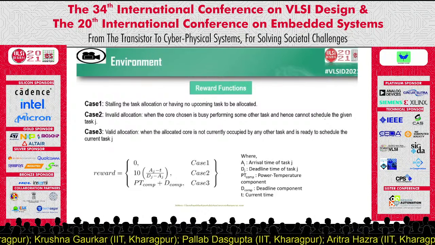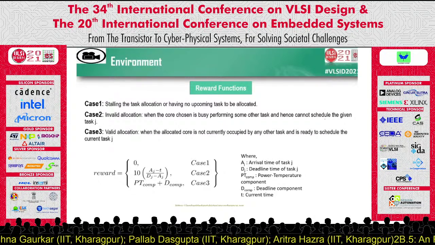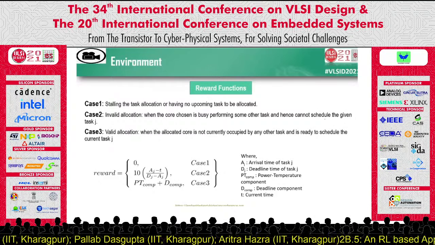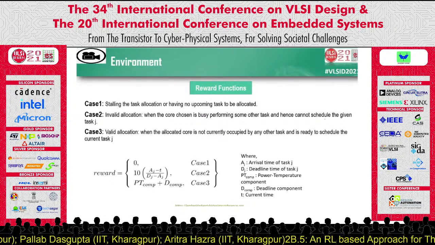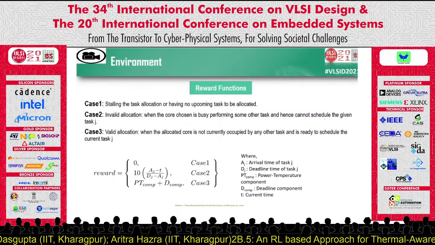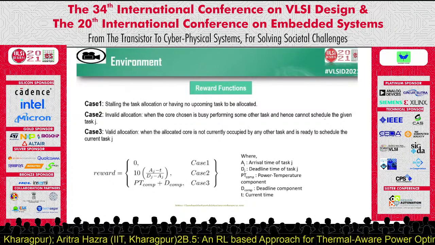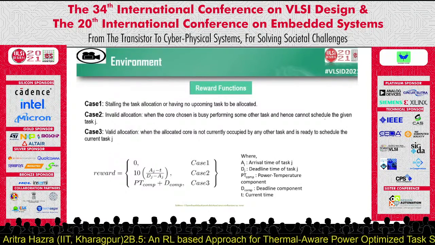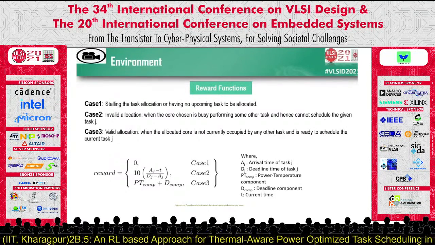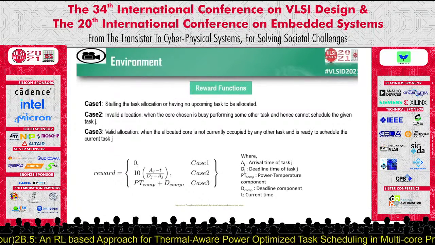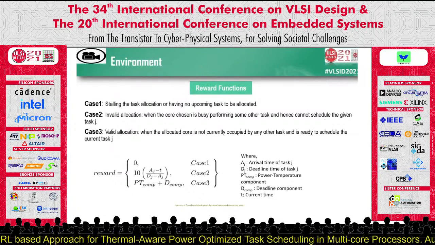For case 1, we do not give any reward, or a zero reward, so to speak. For case 2, we give negative reward of the delay in scheduling caused by the invalid allocation. For case 3, that is for a valid allocation, we give a reward PTcomp, that is a combination of power consumption and the temperature factors.